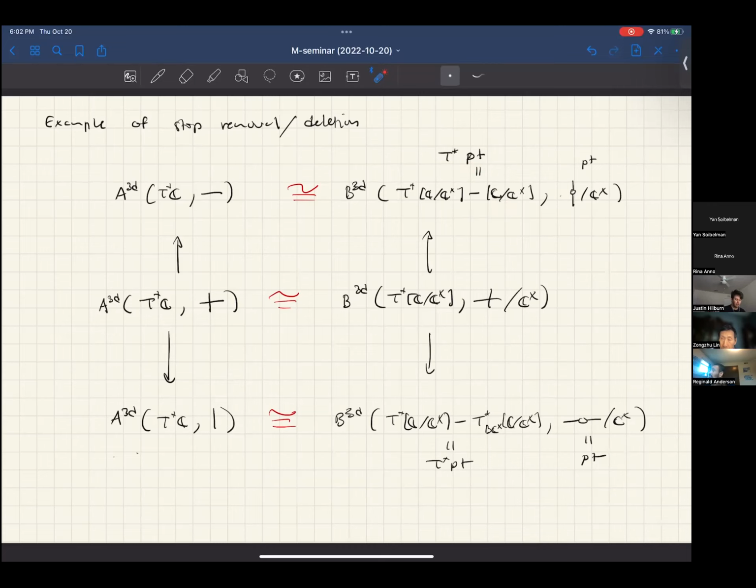So in one setting, if I choose one of my characters, I end up removing the 0 section. And then I end up getting the cotangent fiber. So the space looks like a cross mod C star, and then I end up removing the 0 section from it in order to do my GIT quotient.